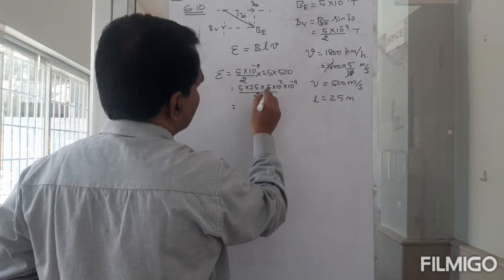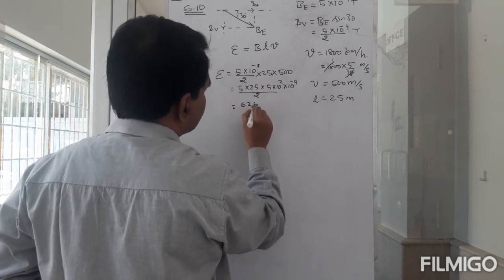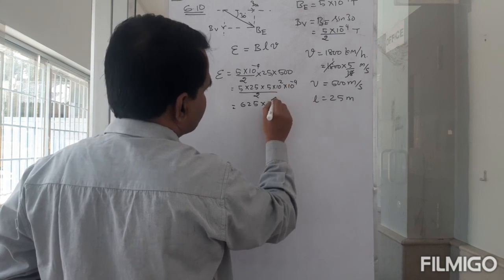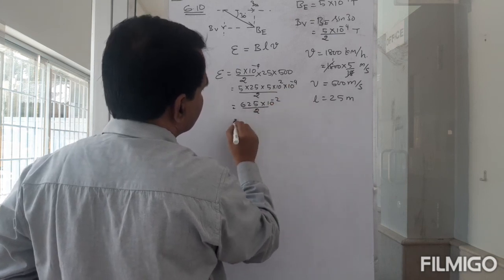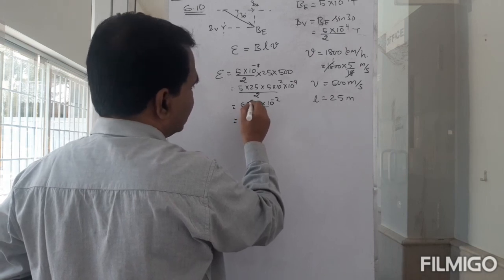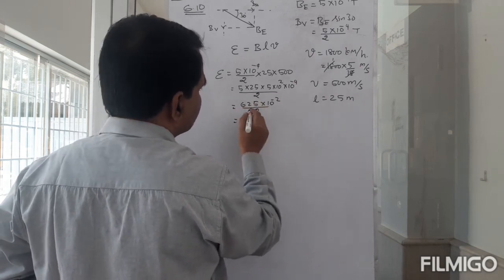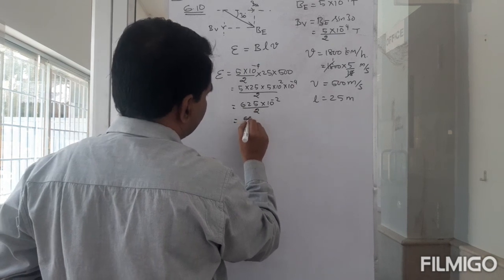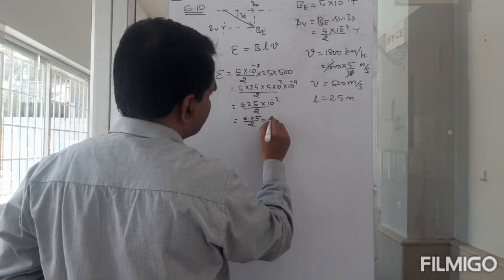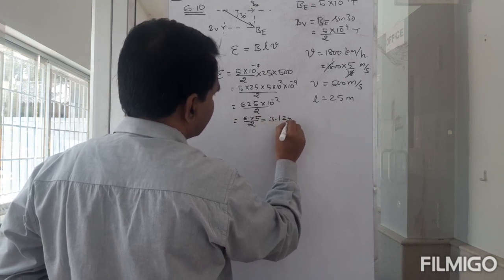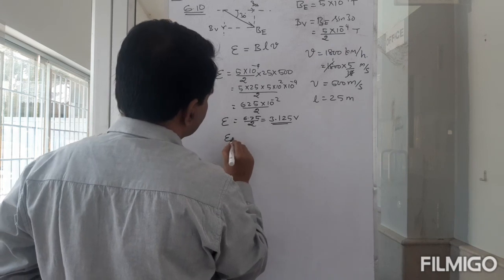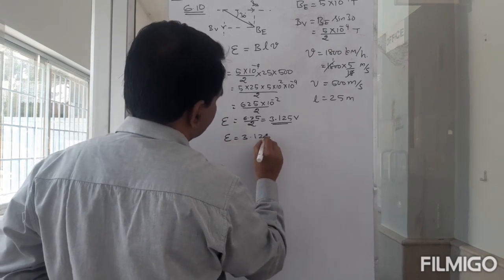So this is 25 into 25, 625, into 10 power 2, 10 power minus 4, which is 10 power minus 2, by 2. And this is 6.25 into 10 power 2, so I can cancel that. So it will be 6.25 by 2, so that would be 3.125 volts.